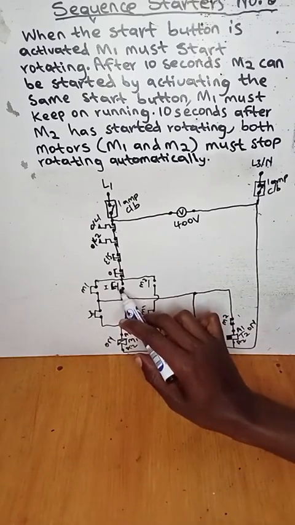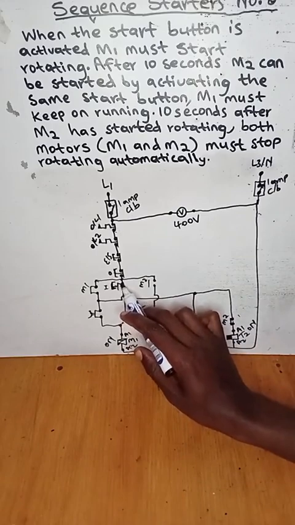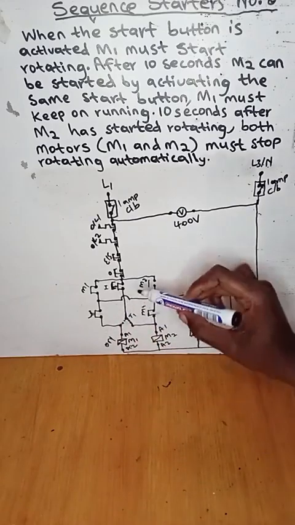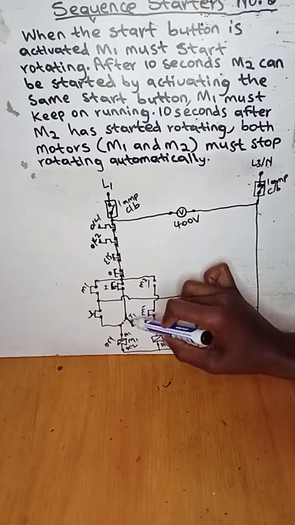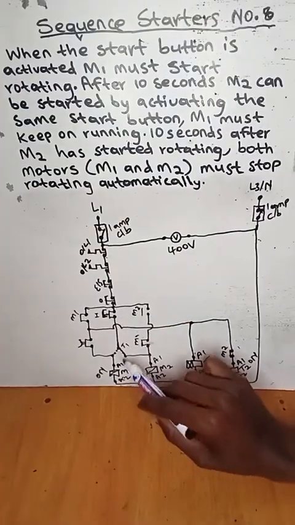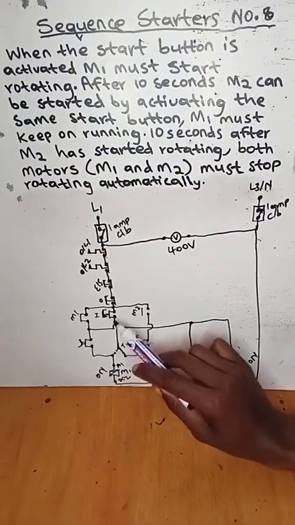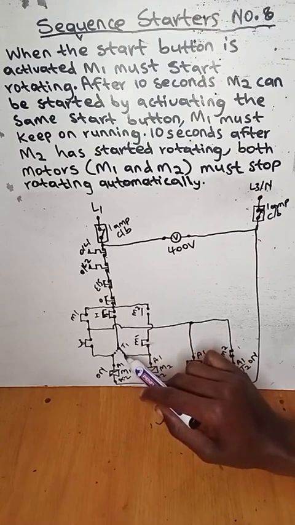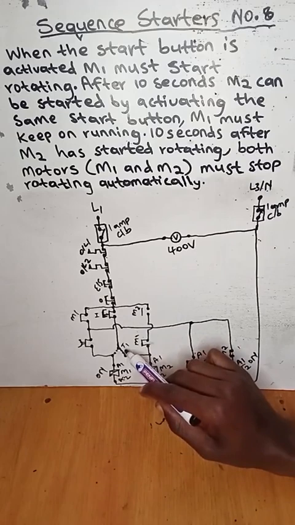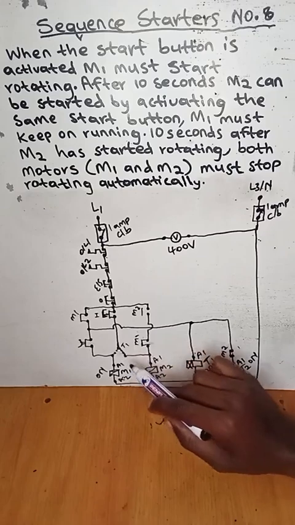So we press the start button again, which means right now current flows all the way down to the close contact, right? So after we press the start button, current will flow down all the way to the close contact of delay on timer.